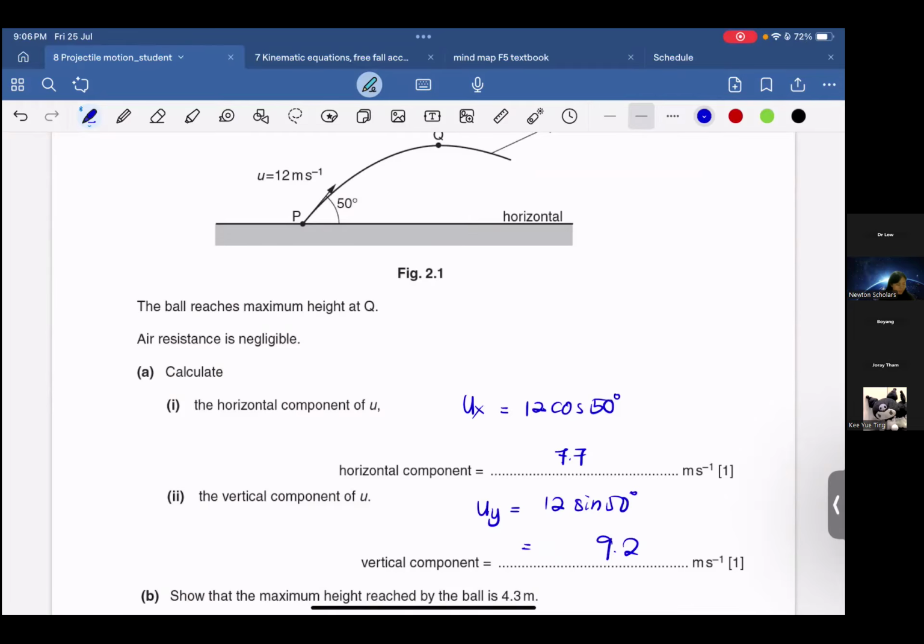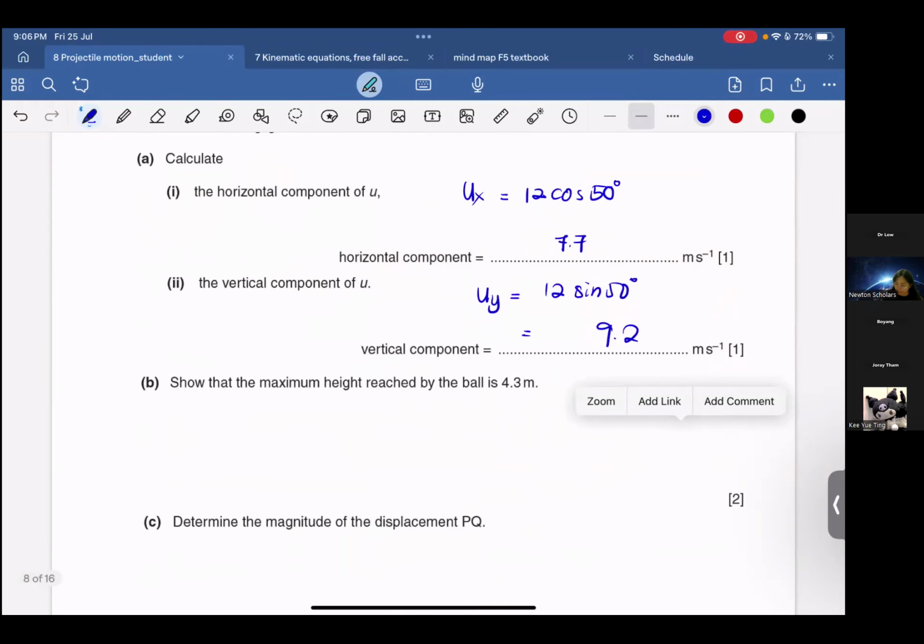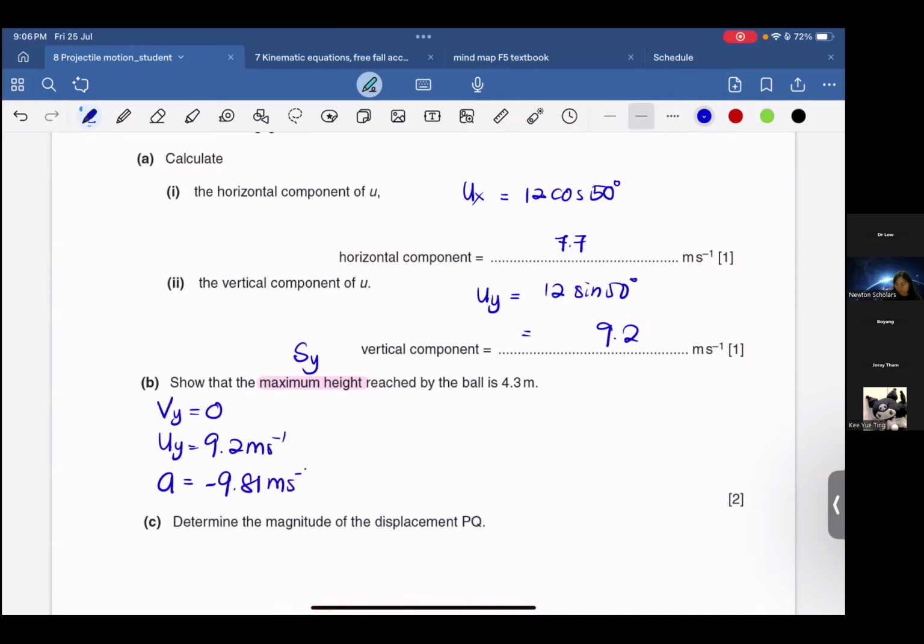Kai Qian, correct. Okay, now prove that maximum height. Maximum height is talking about the vertical, so this one is Sy. They want you to prove Sy equals 4.3. So list out whatever you know about the vertical component. At maximum height, Vy will be 0, correct? Your Uy you already counted as 9.2 meters per second. Then we automatically understand A, because it is traveling upwards, it will be negative 9.81 meters per second squared.